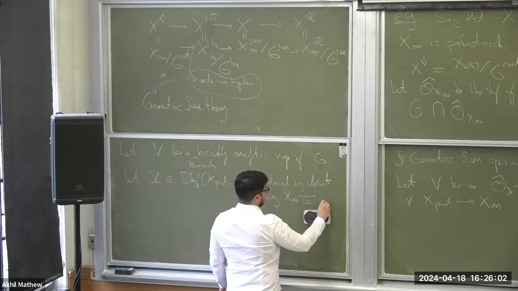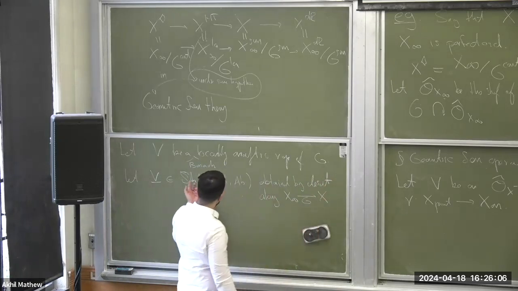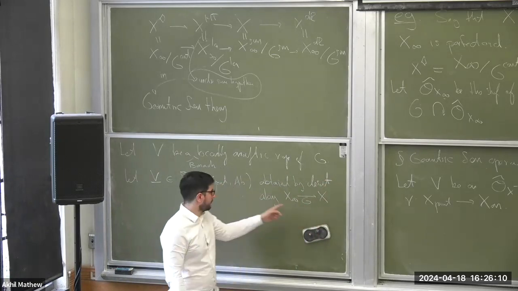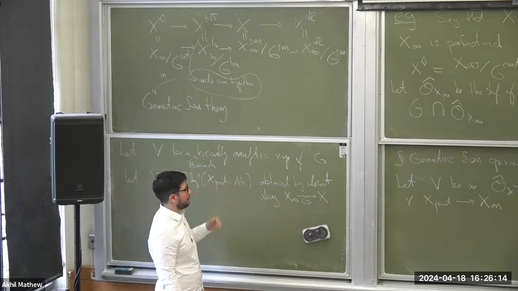We have a continuous representation of G, and it always descends to a sheaf, the product, so G.